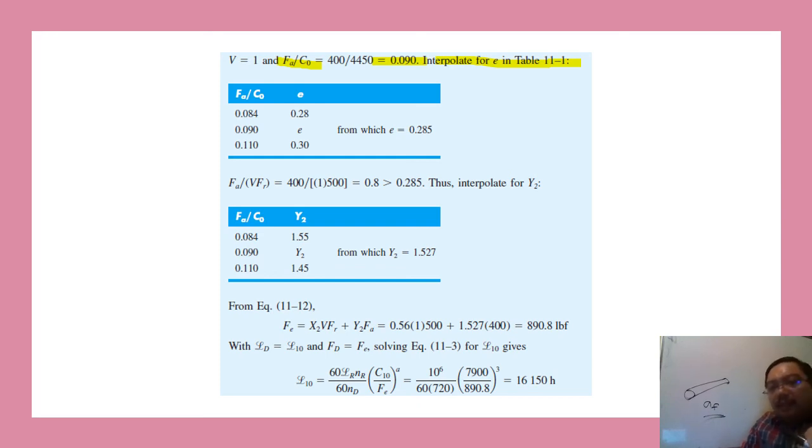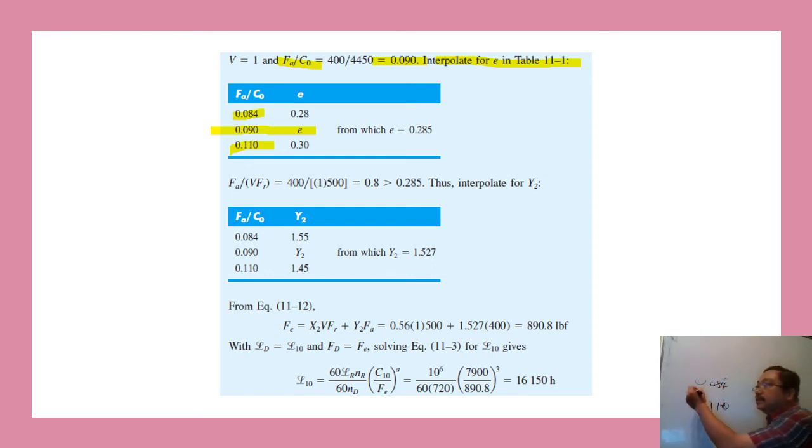Okay, you can see the value E is in the middle. The value E, you can see 0.084, 0.110. No value for 0.09. In the table, 0.084, 0.110.